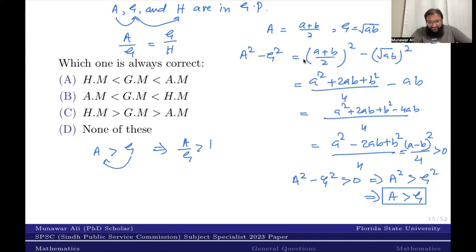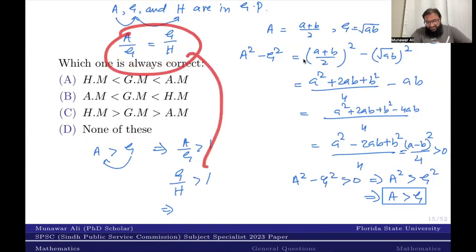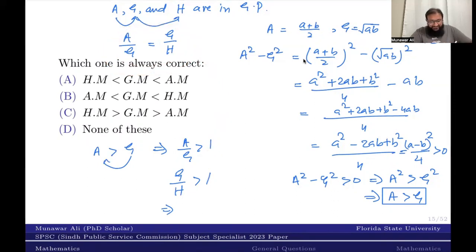But we know very well that A over G is the same as G over H. It means G over H is greater than 1, and it comes from this relationship that we have. So using this, we can replace A by G with G by H. Then we have G is greater than H. So we build another relationship between geometric mean and harmonic mean.